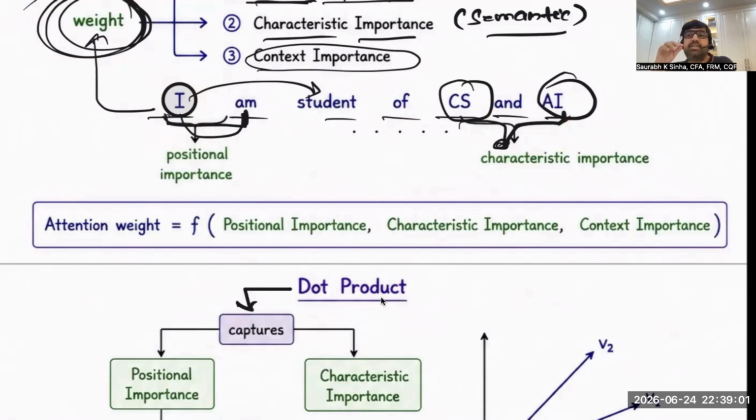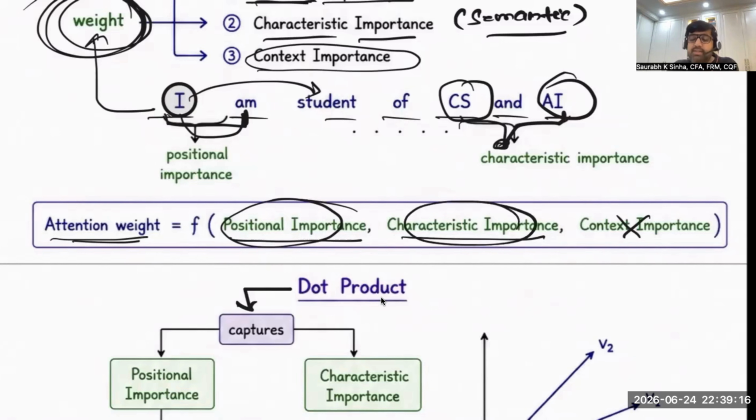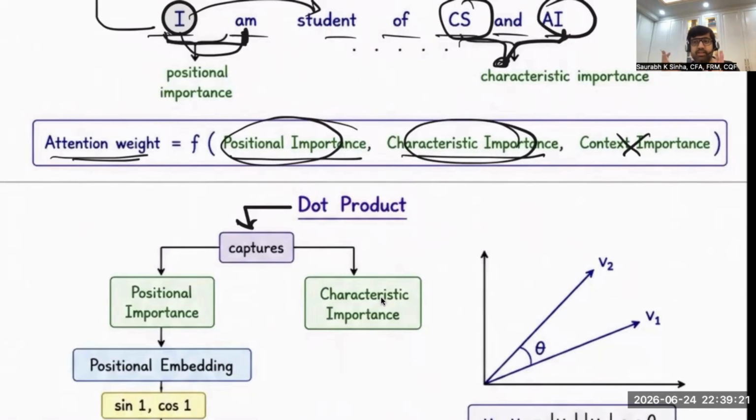Because today's session is a simplified version of the attention mechanism, I will not talk about this, but I will try to highlight how your attention score captures the positional importance or positional information and characteristics importance relative to each token. And the answer to that question is simply the dot product.